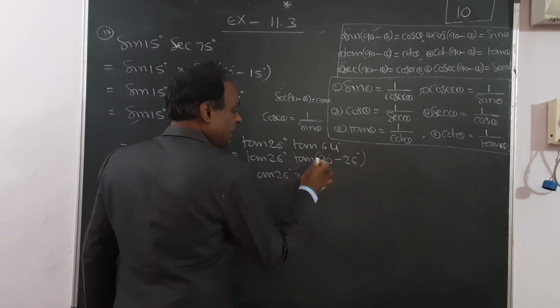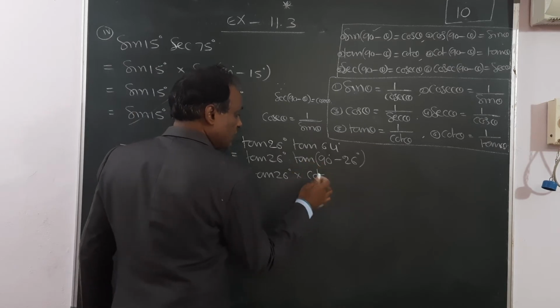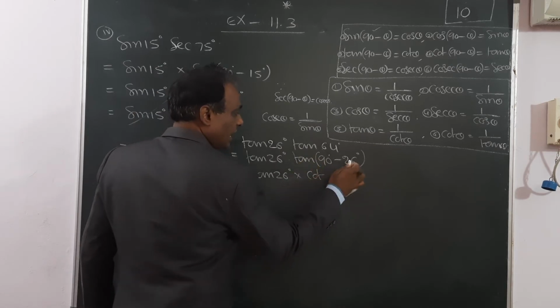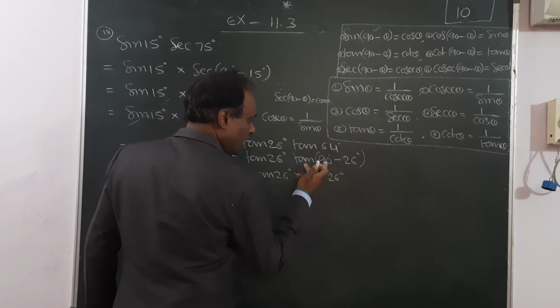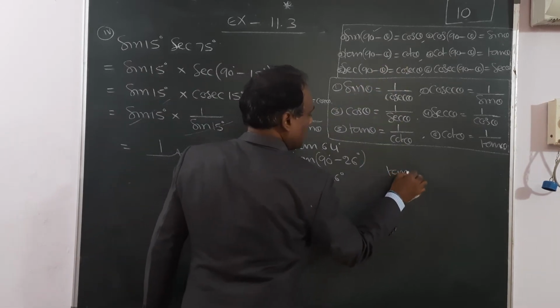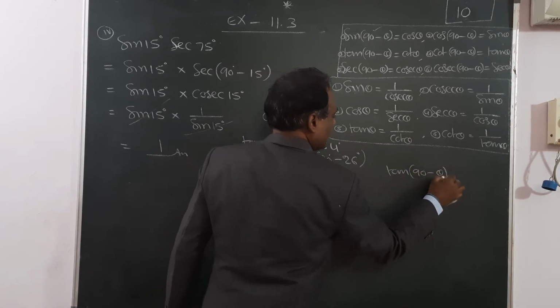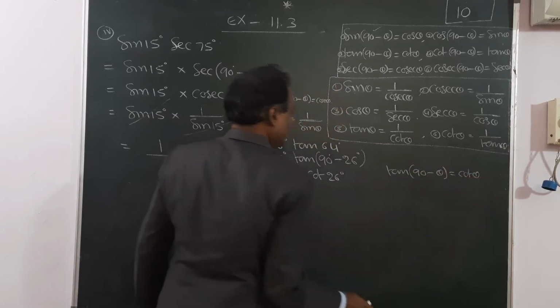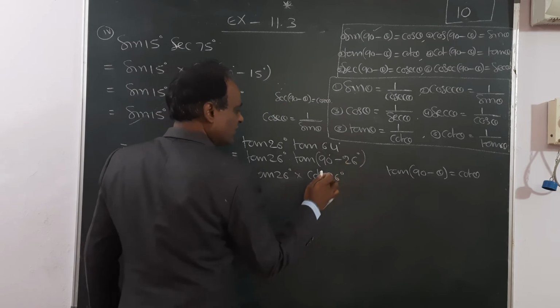For 90 degrees, tan changes to cot, angle is 26 degrees. Which formula? Third formula: tan 90 minus theta is cot theta.